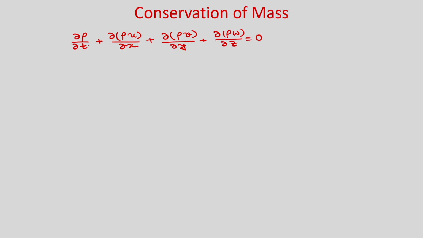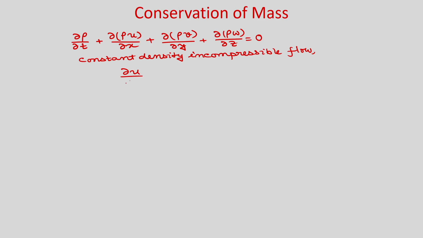Now, if you consider incompressible flow where you have a constant density, for constant density incompressible flow, we can write, so this will be 0 and rho is constant, so you can take it outside.